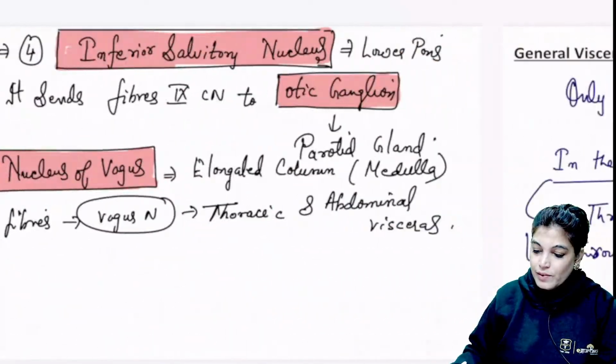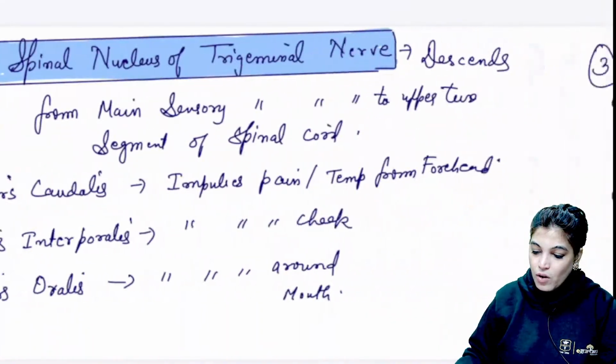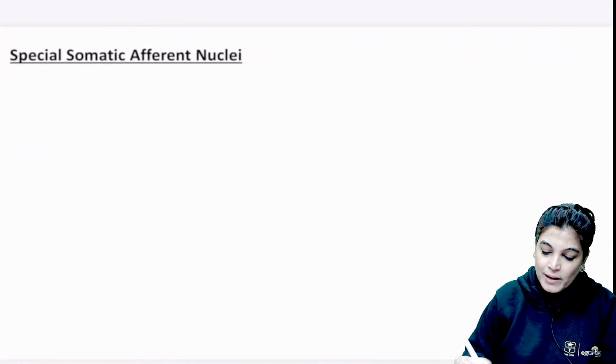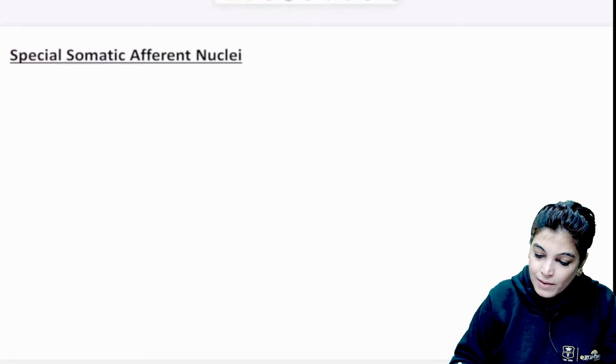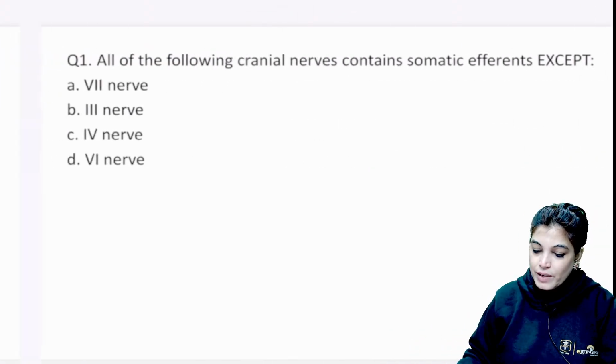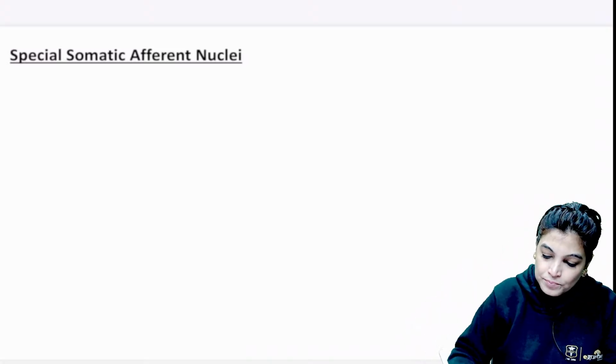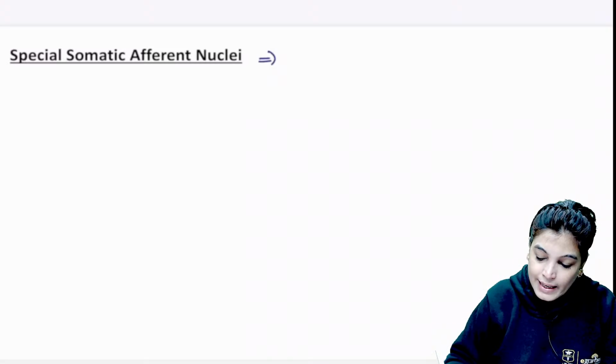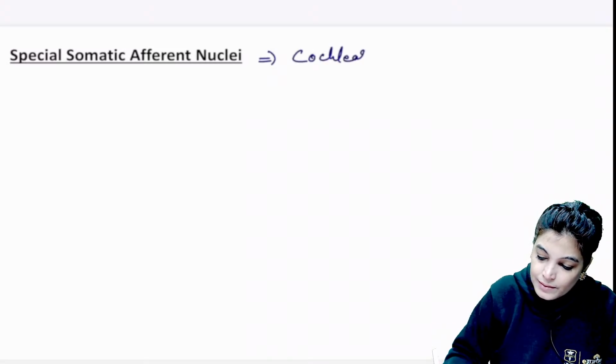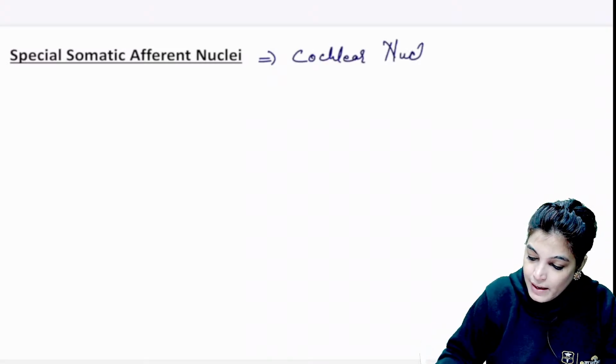So we'll write about the last functional column, that is special somatic afferent. When I'm talking about special somatic afferent nuclei, this is related to cochlear nuclei.